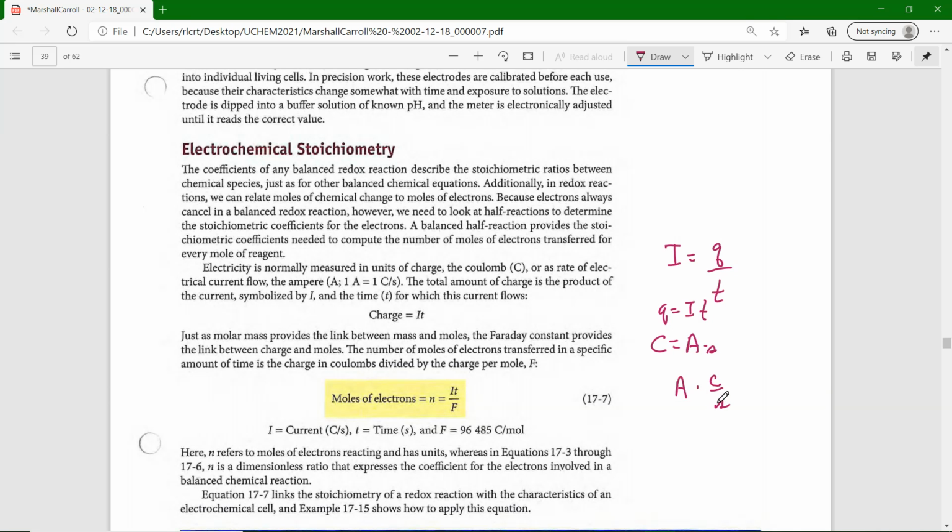An ampere is a coulomb per second. So there's IT, so what's that? That's charge over Faraday's constant, which is in units of coulombs per mole, so you end up with moles. So moles of electrons, N, is current times time in seconds over Faraday's constant. And this is a useful equation, regardless whether we're talking about galvanic cells or electrolytic cells. So N is IT over F.